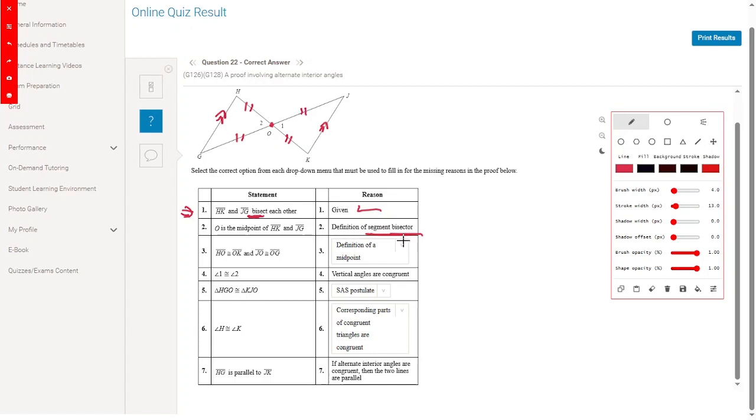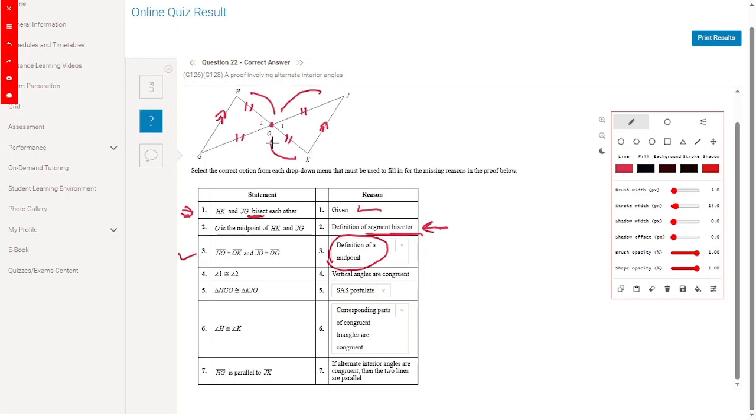From the segment bisector, OH will be congruent to OK and OJ will be congruent to OG, and this is the definition of the midpoint, because the midpoint says that the segments of the line will be equal.